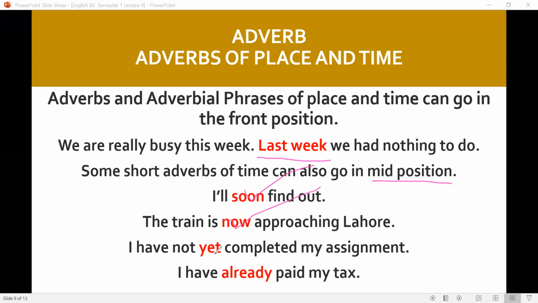I have not yet completed my assignment. I have already paid my tax. So, this portion of the lecture is telling you the place of these adverbs of place and time: where to place them at the end position, in the middle position, or at the start of the sentence.